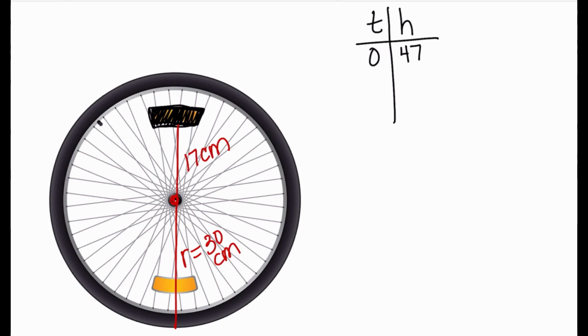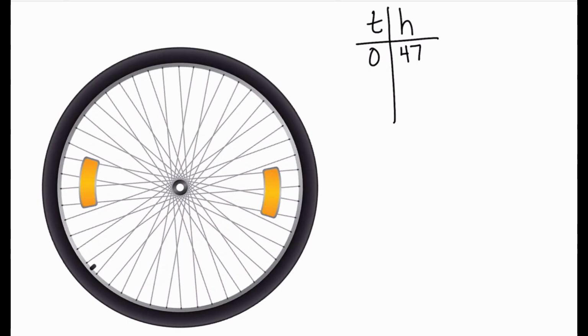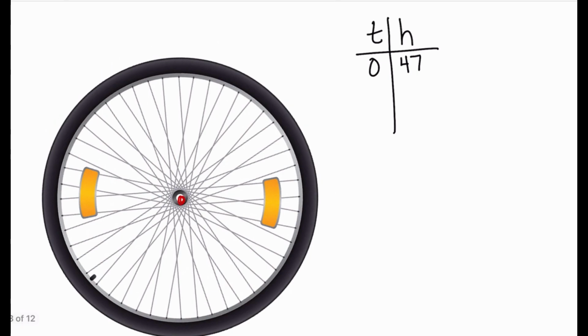Then what happens after 1 second? After 1 second, the reflector is going to turn and it's going to now be sideways. So the reflector is going to look like this. And remember, from the center going down, this is going to be 30. So the reflector right now is at a height of 30 from the ground. So at time 1 second, we are at 30.